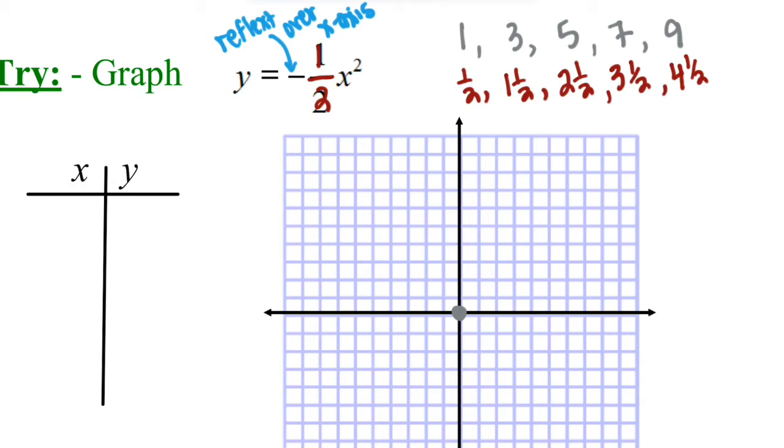So let's see how much of this we can get. We're going to go right from our vertex, right 1, down 1/2, because it's got that reflection. Right 1, down 1.5. Right 1, down 2.5. Right 1, down 3.5.